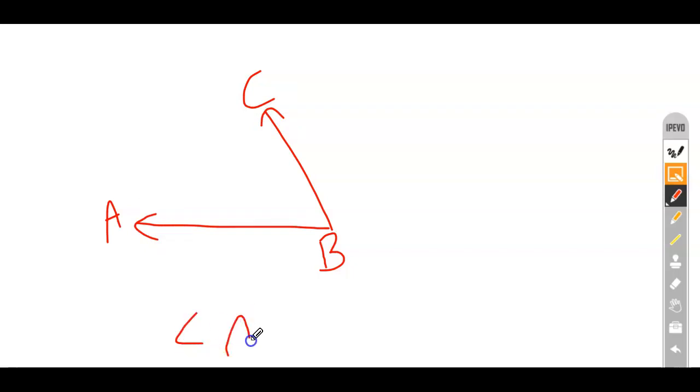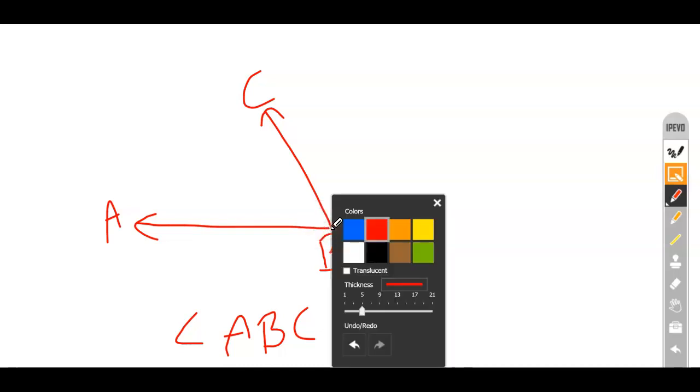So angle ABC, the vertex is what point? Anybody know? It's the vertex. So which letter? B. B is our vertex, right?